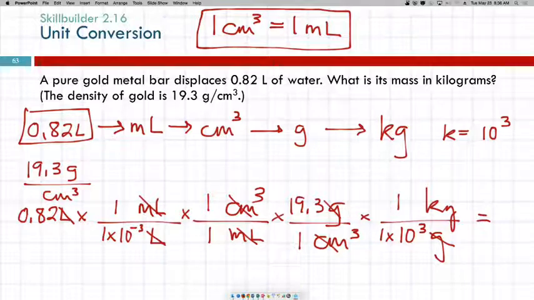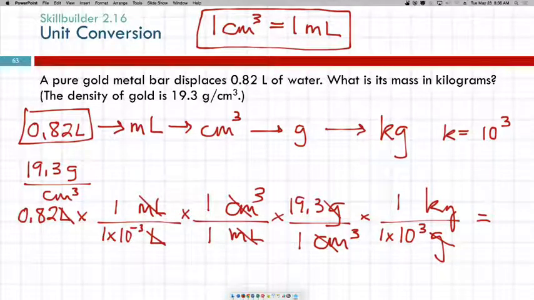Some students will say, well, I'd rather put 1,000 into my calculator. We need to get comfortable with scientific notation because there will be numbers that are too large to enter as a decimal number. So you might as well just get comfortable with it now. So this would be 1 EE3.